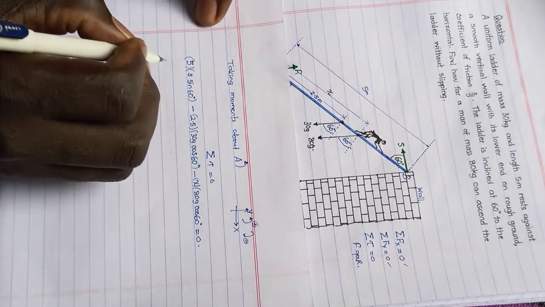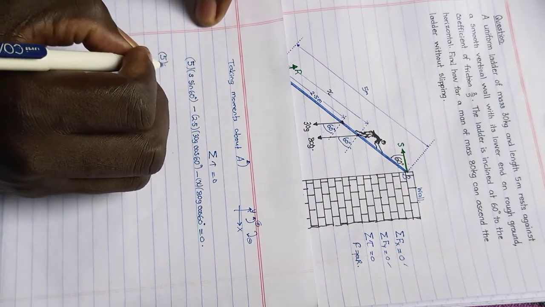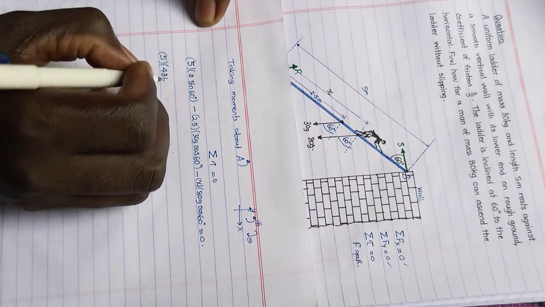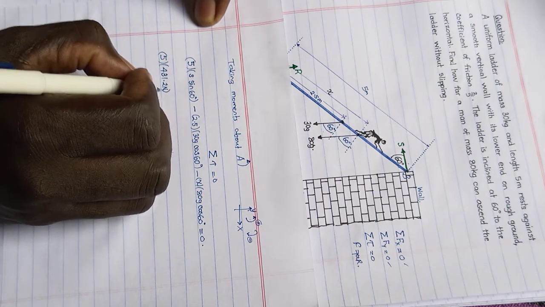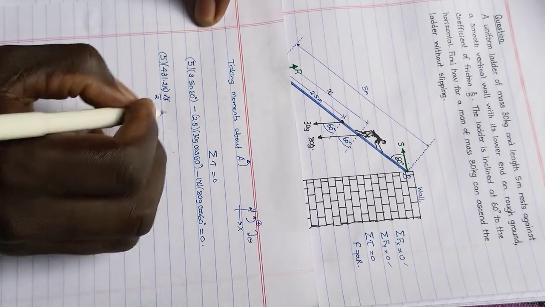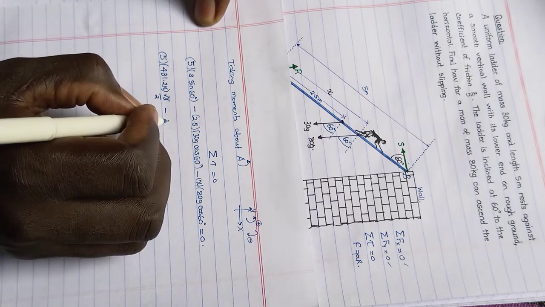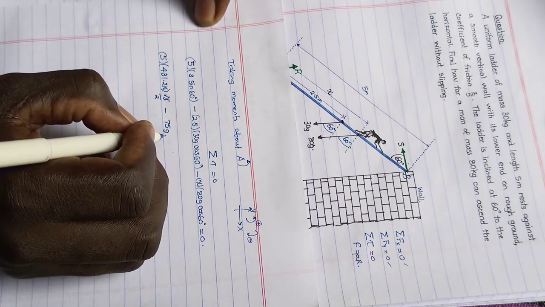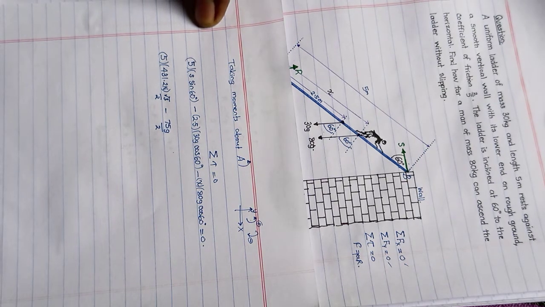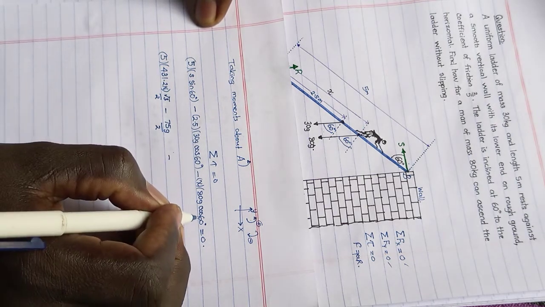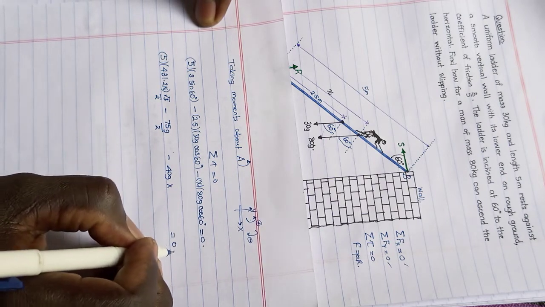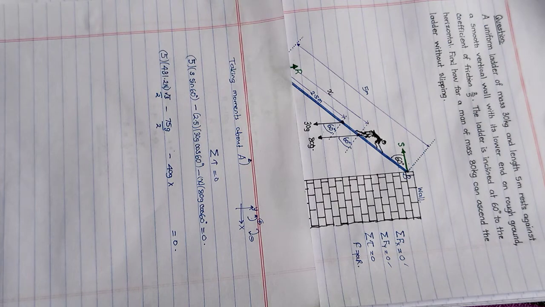So I shall have 5 multiplied by 431.2 newtons, and sine 60 is √3 over 2, minus 75G, and cos 60 is a half, so minus 40GX, this will give us 0.